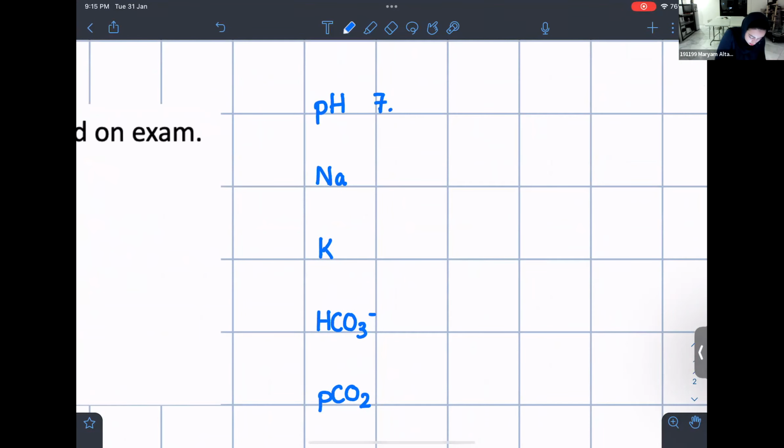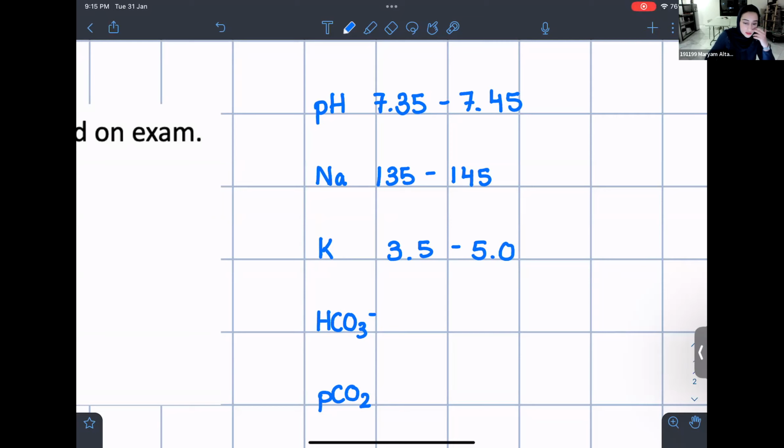Normal pH is going to be, I keep saying 3.75, you guys know what I mean, 7.35 to 7.45. We know the normal sodium is 135 to 145. We know normal potassium is 3.5 to 5. Okay. Normal bicarb, if I'm not mistaken, is going to be from 20 to 28, although it can vary, but this is the usual range.